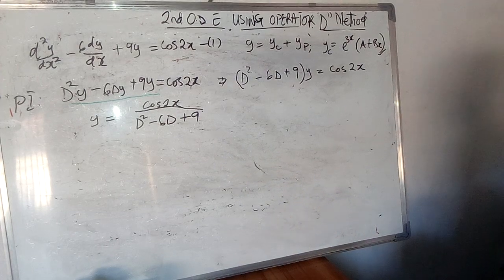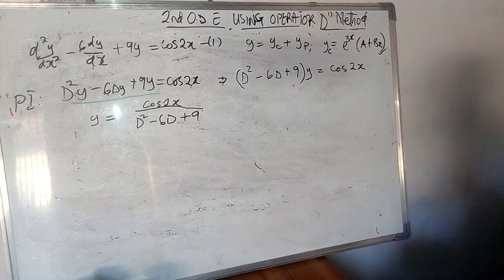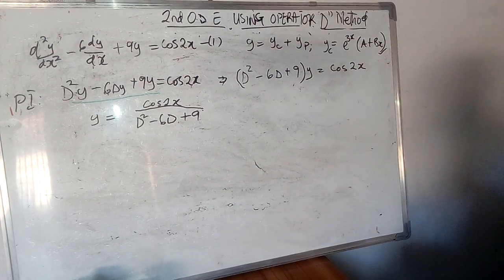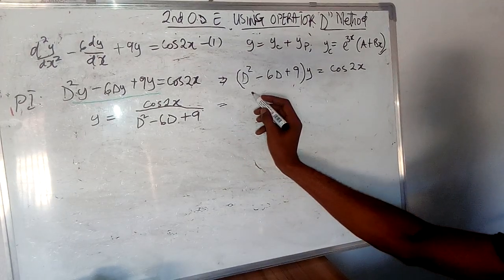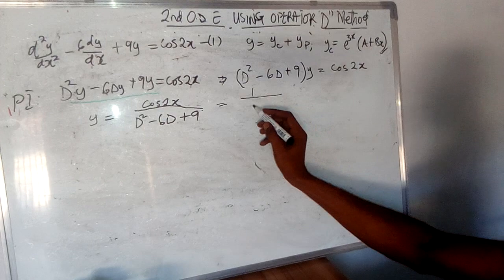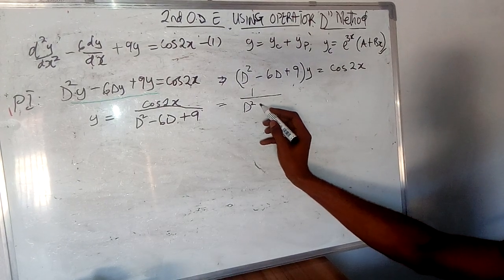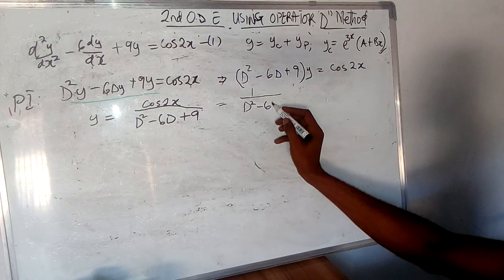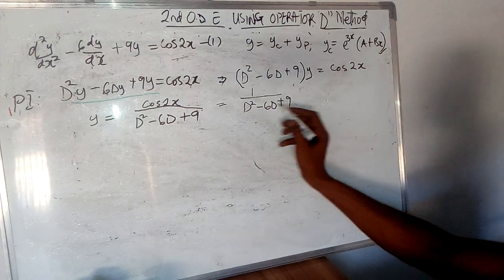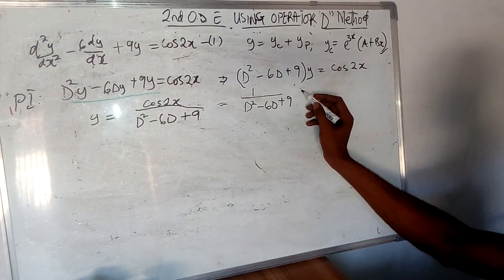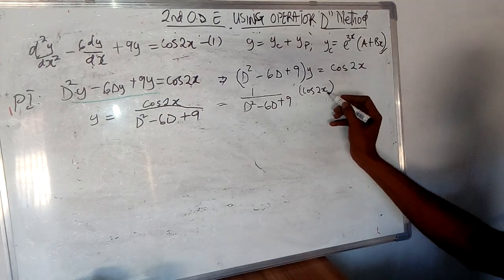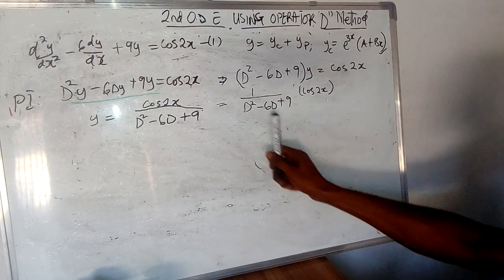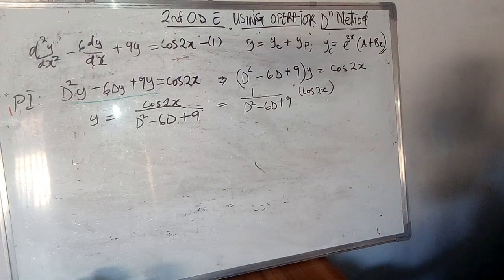Okay? So this is where you actually need to understand what the operator here does. Of course, this will be written as this. This means that this operator here will operate on cos 2x.